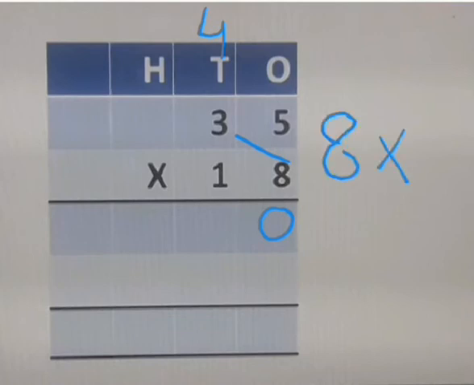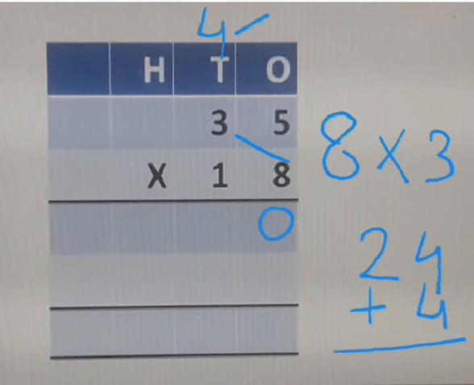So 8 threes are 24. But children, we have a carryover here at the tens place. So we will add this 4 to this 24. So it becomes 28. So 8 we will write here under the tens place, and 2 will come under the hundreds place.